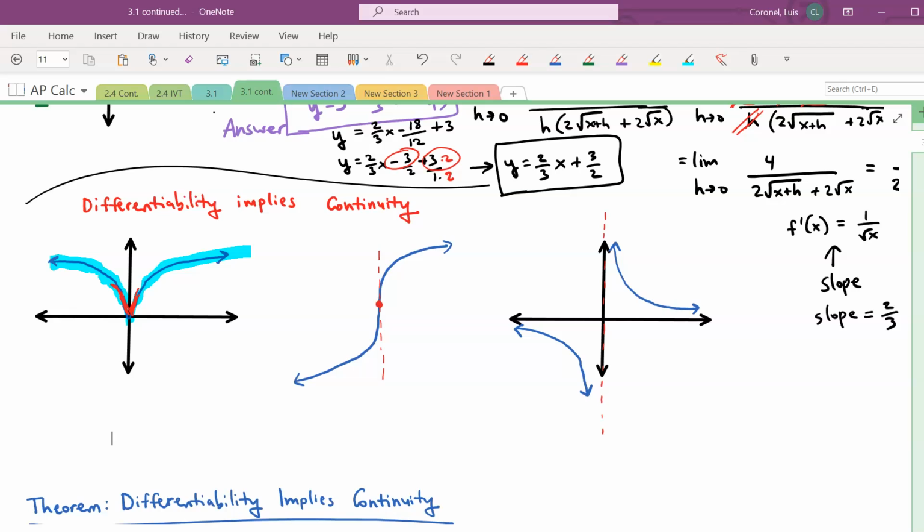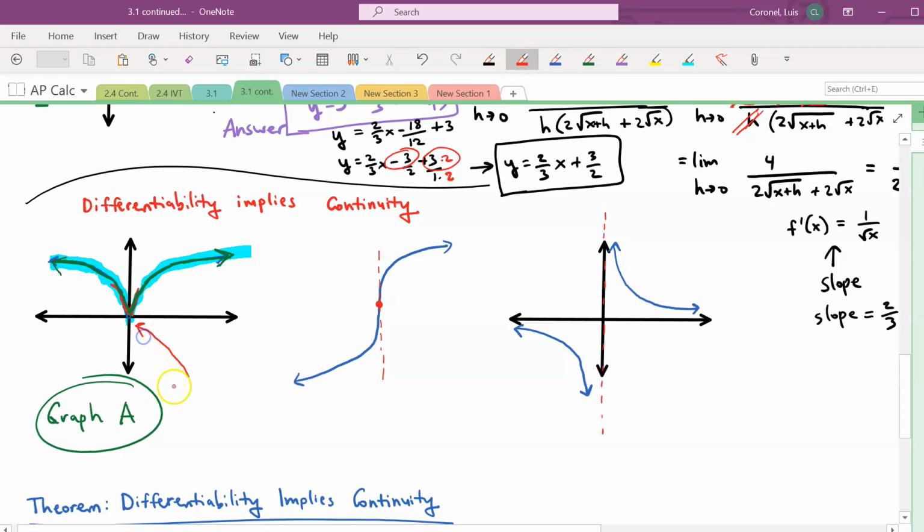For example, let's call this first graph graph A. Here you have a continuous function. From the left side, you could just follow the graph. There is what we call a cusp, a V-shaped part of the graph, and that's a continuous function.